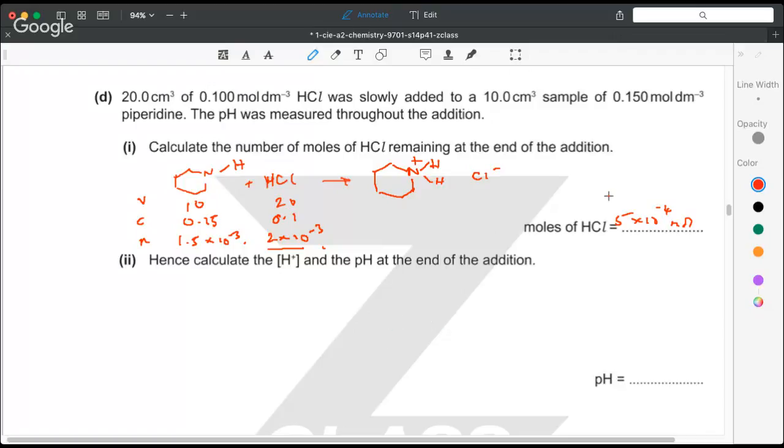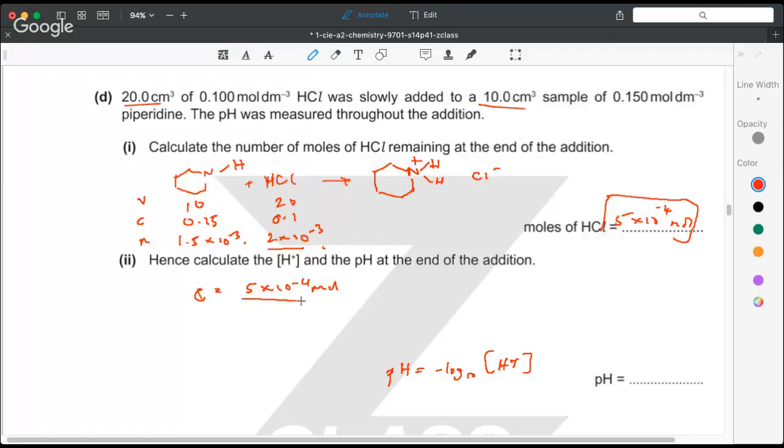Now, if you've got that number of moles of hydrochloric acid, and you know the volume, because you've got 20 centimeters cubed there, and you mixed it with 10 centimeters cubed there, then you can work out the pH again, because you know that pH is equal to minus the logarithm of the hydrogen ion concentration. So your concentration is the number of moles, which was 5 times 10 to the minus 4 moles.